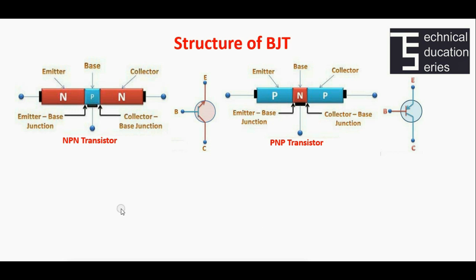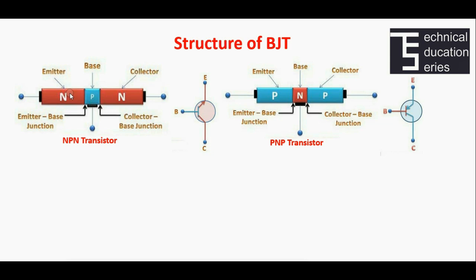In this structure, the collector region is the largest in size, the emitter region is smaller than the collector, and the base region is the smallest region. But the emitter is a heavily doped region, the collector doping density is less than that of the emitter, and the base is a very lightly doped region.